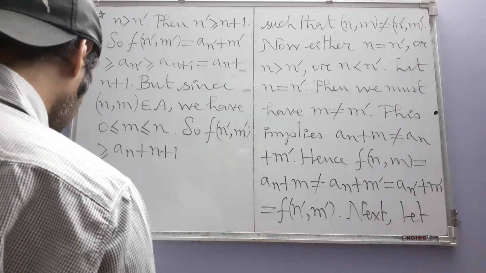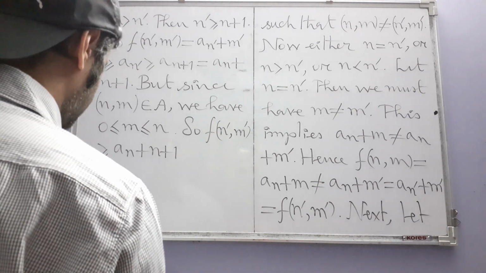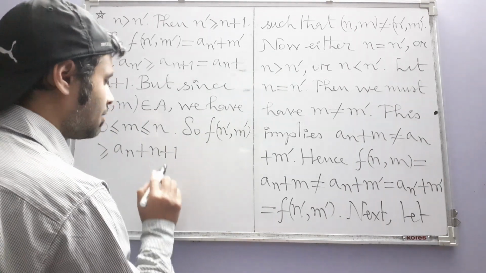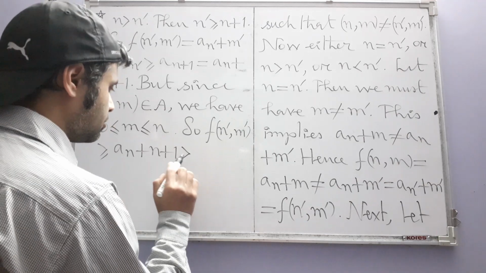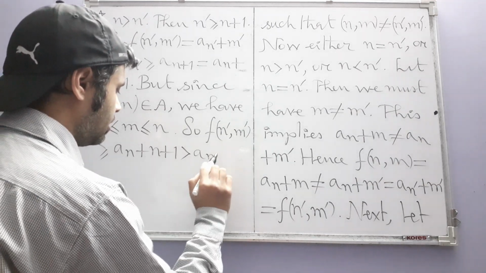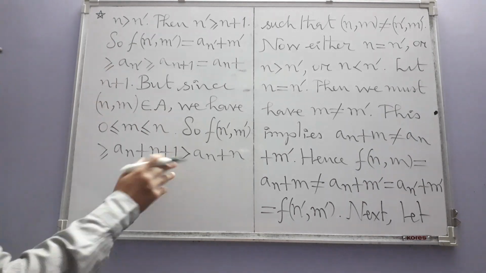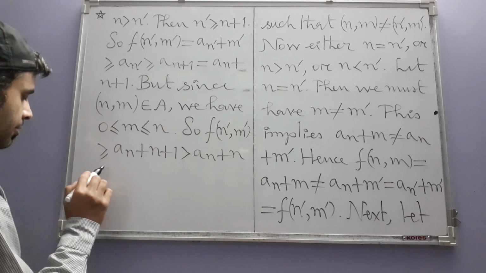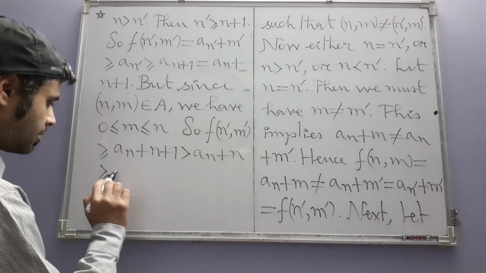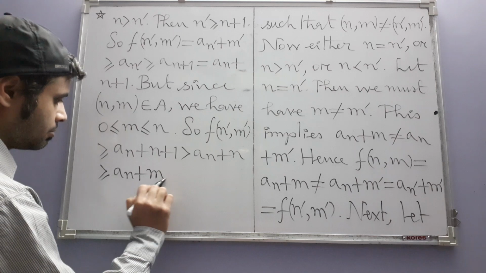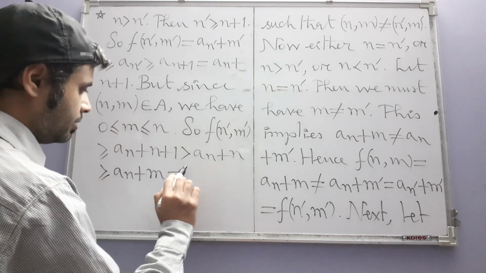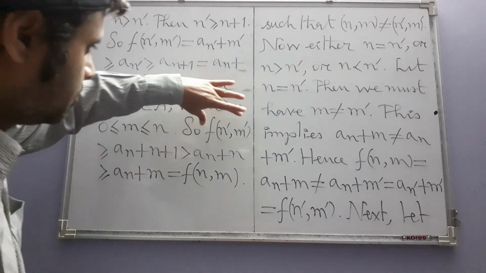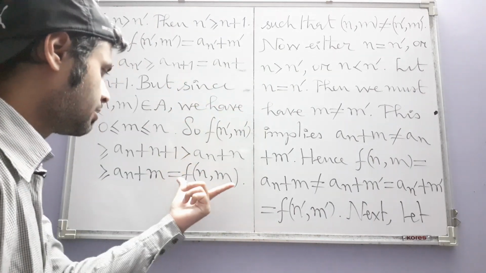n plus 1 is greater than, oh no, it's okay. So n plus 1, because we have plus 1 here, is strictly greater than an plus n, if you just forget this one. And now this n is greater than or equal to m, so this is greater than or equal to an plus m, and so this thing is strictly greater than this thing.